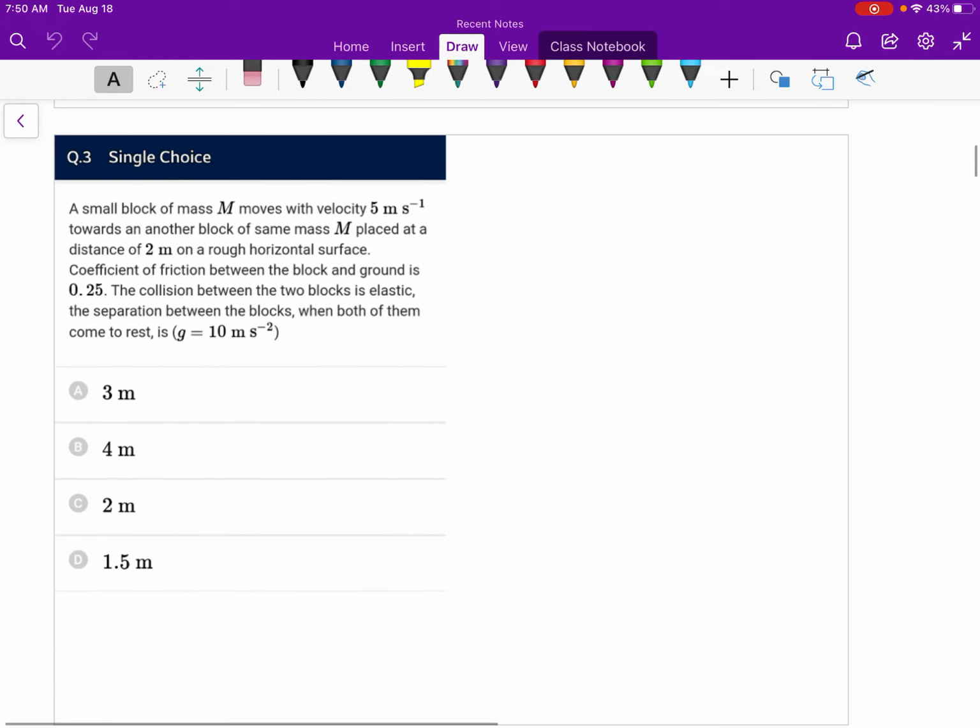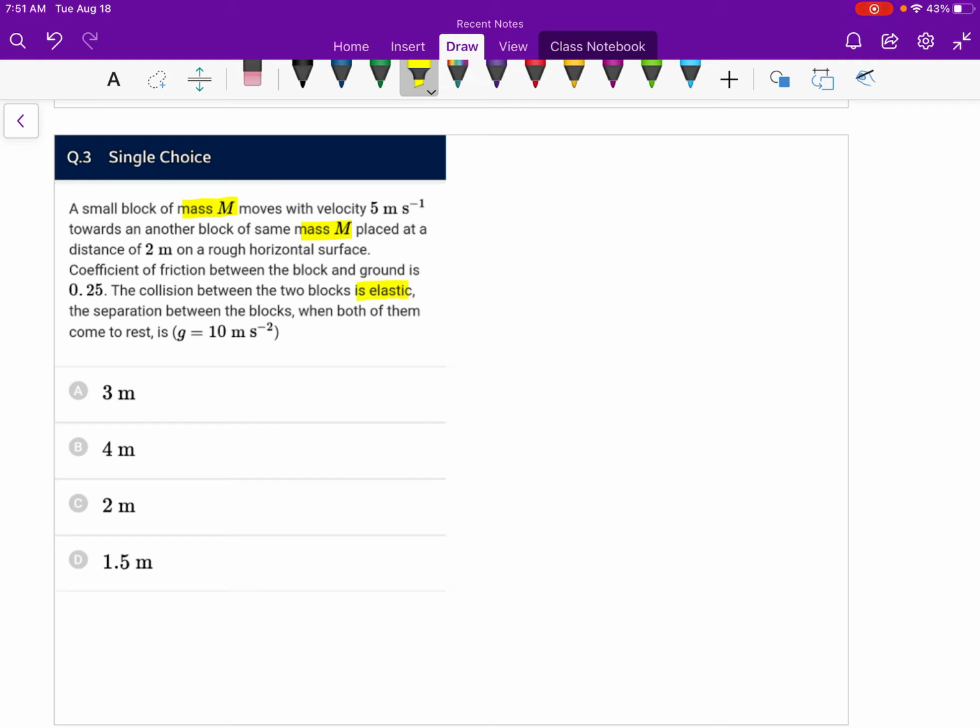A small block moves with velocity 5 towards another block of the same mass at a distance of 2 meter. The coefficient of friction is given. The collision is elastic. Find the separation between the blocks when both of them come to rest. Both blocks have the same mass and undergo elastic collision, so their velocities will get exchanged.